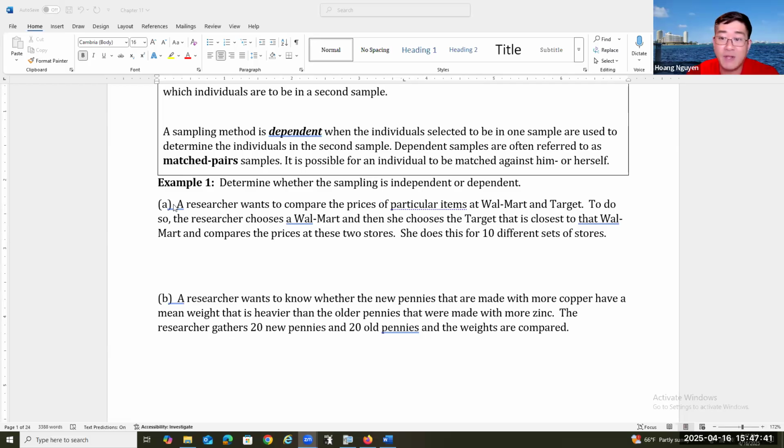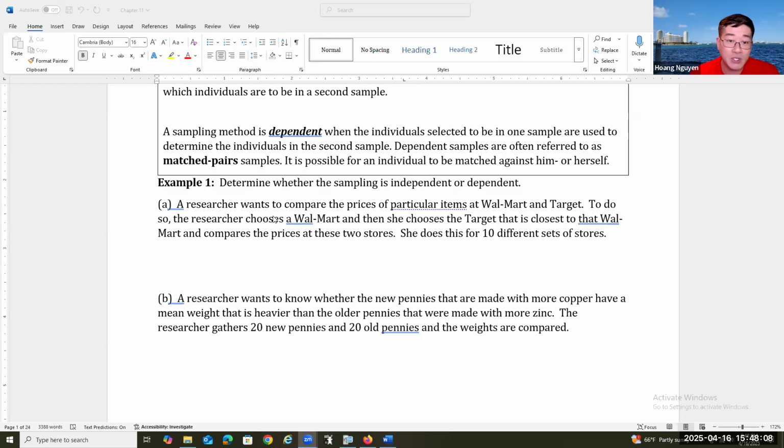She does this for 10 different sets of stores. So you're going to compare the price of some item between Walmart and Target, right? When you select a Walmart, do you know what Target we're going to select? That's the clue. If you know exactly which Target we're going to select, then those two samples are dependent.